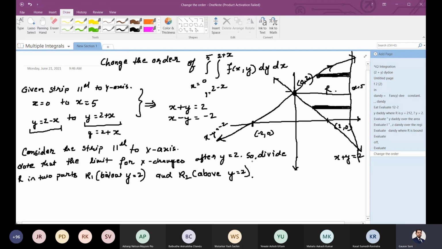So we are going to give the limits in two parts now. So consider the lower triangle. I'll shade this region. So this is a region R1.